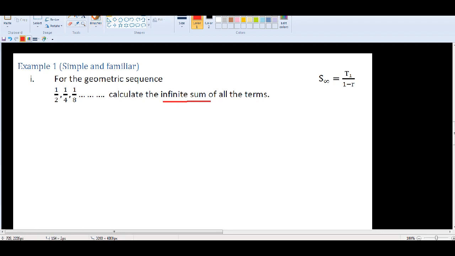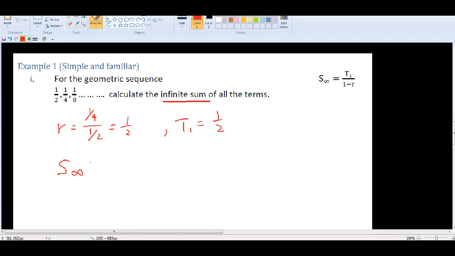When you see infinite sum, that means sum to infinity, S infinity, of all the terms. For this one, you see this is a GS with common ratio 1/4 over 1/2 is 1/2, right? Of course, you can check that 1/8 over 1/4 is also 1/2. And our first term is 1/2.